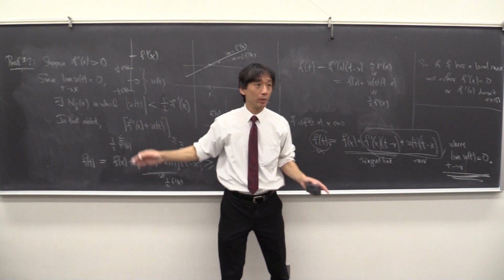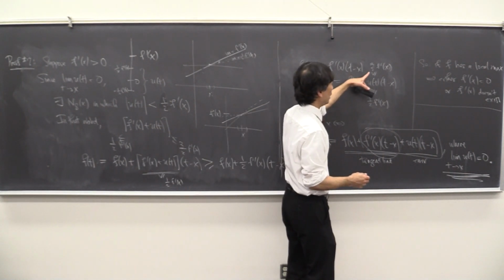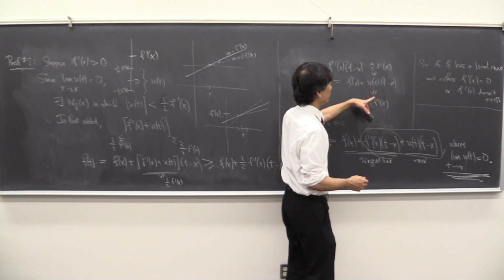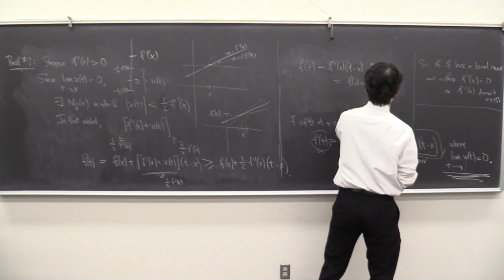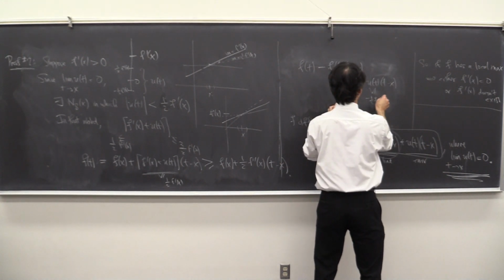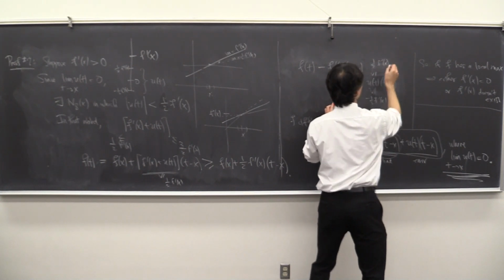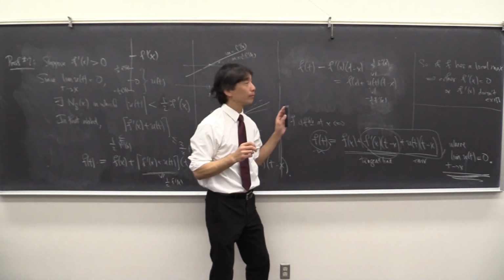We restrict it to the place where u of t is... I'm sorry, u of t is trapped between negative 1/2 f prime x and positive 1/2 f prime x, right?